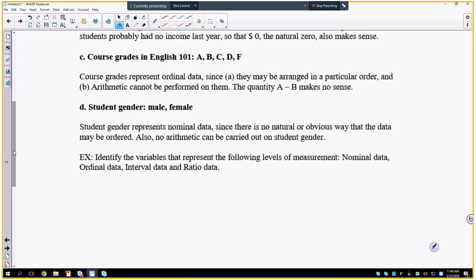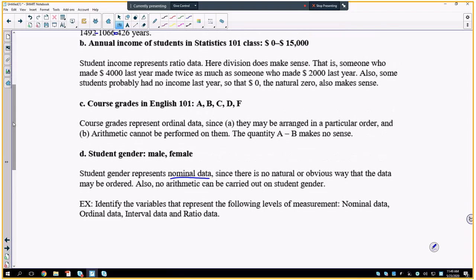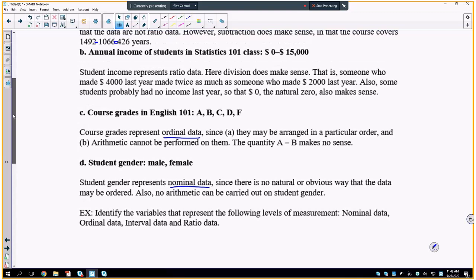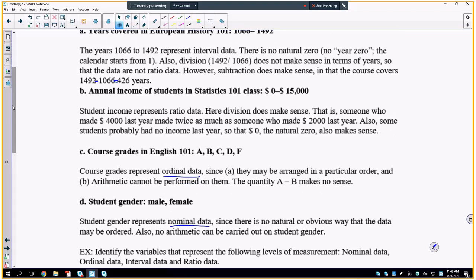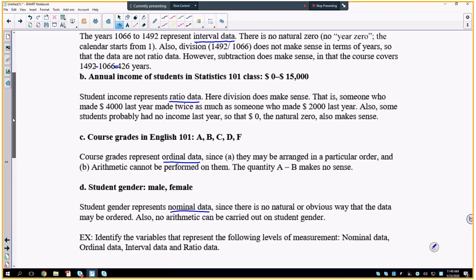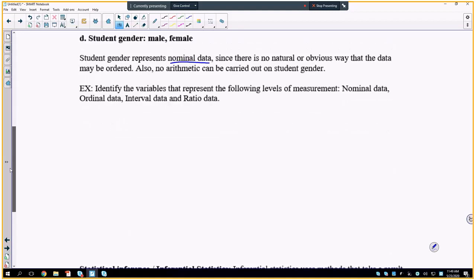They're just two different categories. So this is what we call nominal data. So these are good examples for you to go back and think about when you're trying to understand what might be called ratio, interval, nominal, or ordinal.